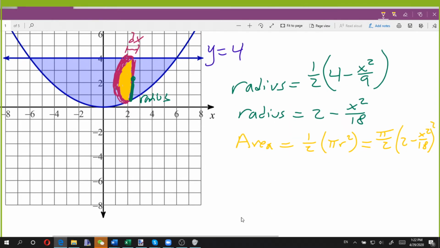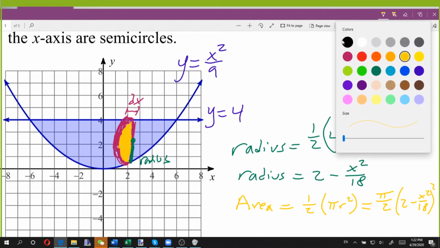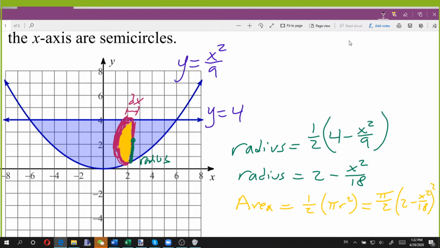So I'm going to throw this up into an integral that will allow us to add all of these cross sections from our start point to end point, which this time wasn't given. So I do need to solve for the start point and end point first. So let's see, next is Andrew. If you don't trust this graph to be drawn to scale, how would you find your start point and end point?